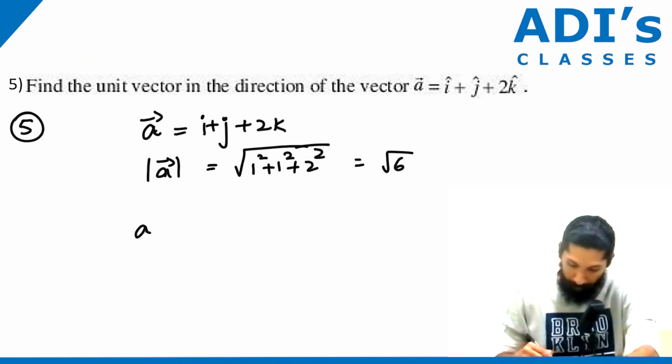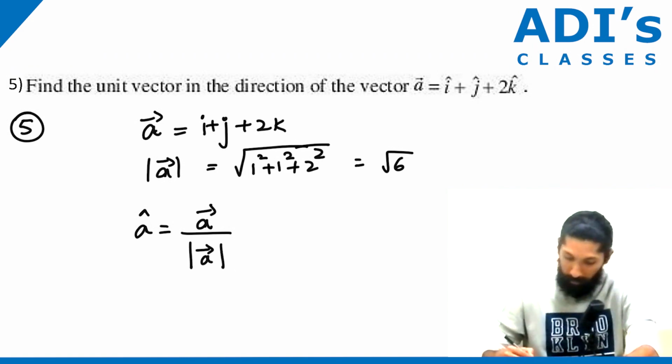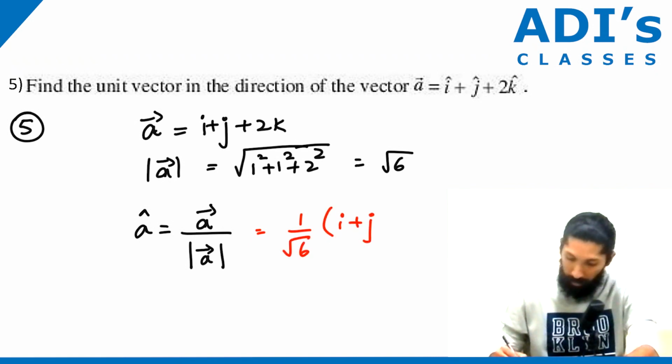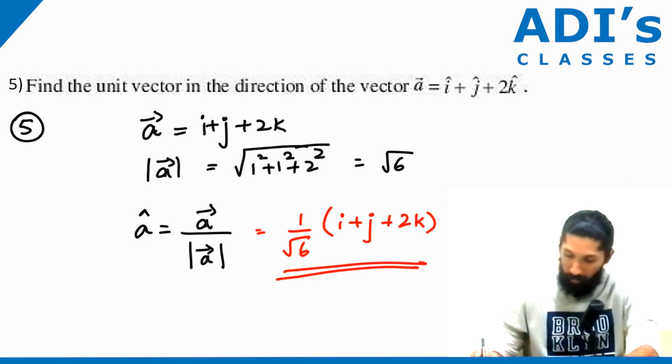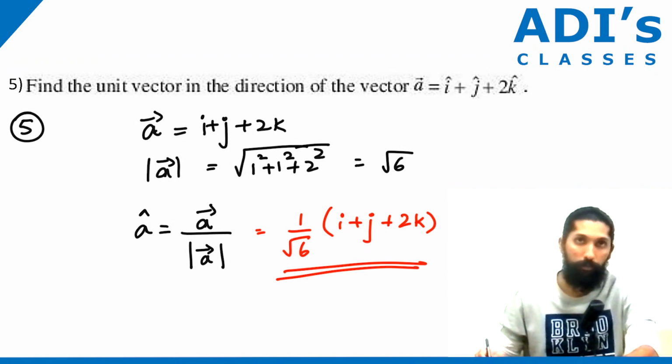So A cap becomes vector A by mod of vector A, which basically gives us 1 by root 6 into i plus j plus 2k. This is going to be the final answer for the fifth one.